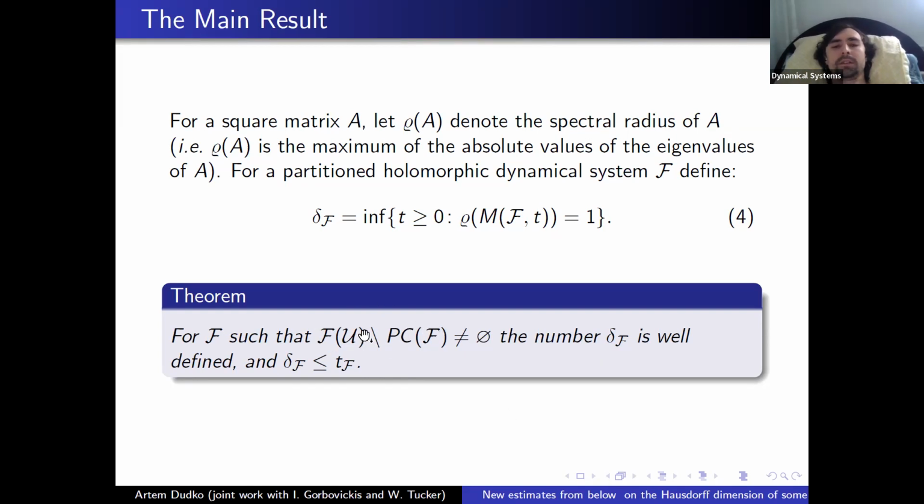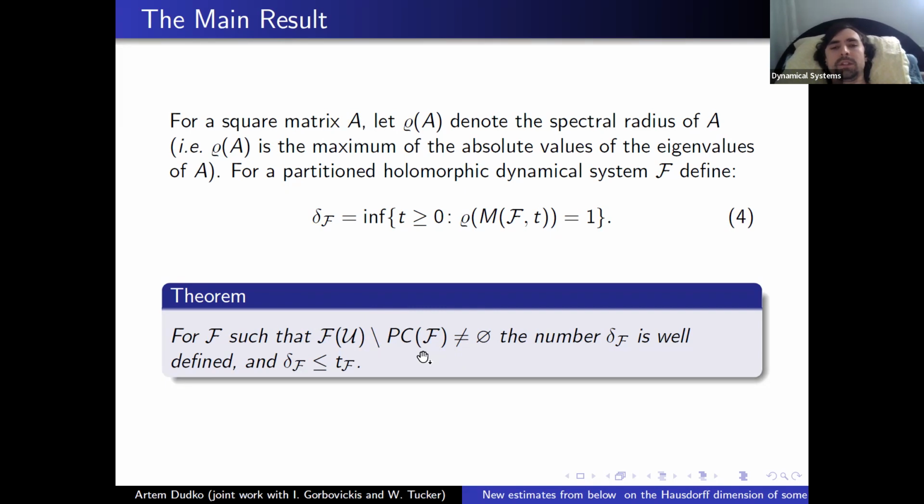In fact, this condition is not needed in particular cases, for instance for rational maps, as Felix showed: this quantity delta F makes sense even if this set has non-empty interior.